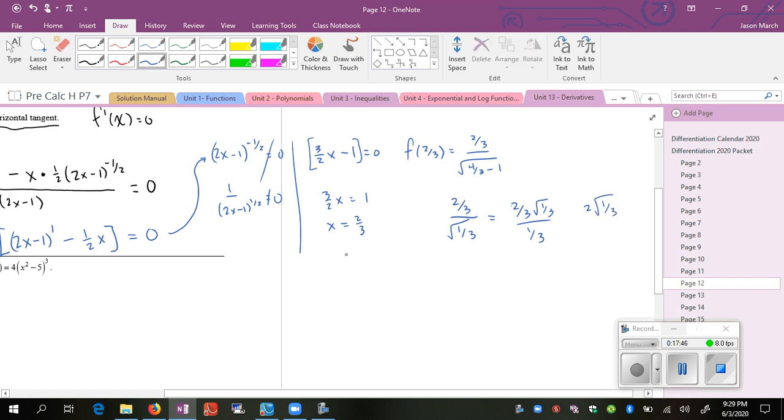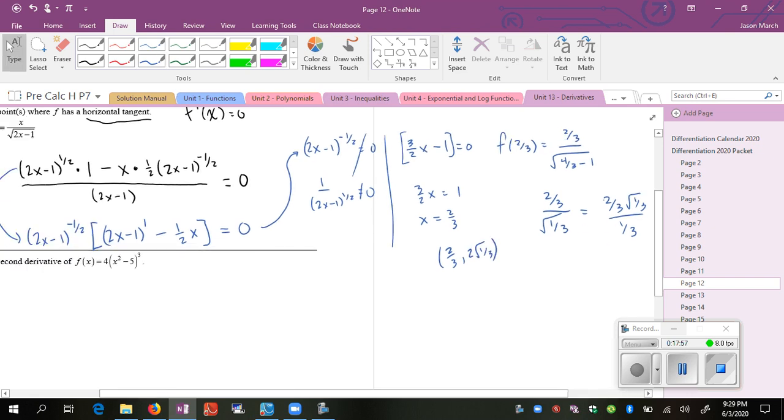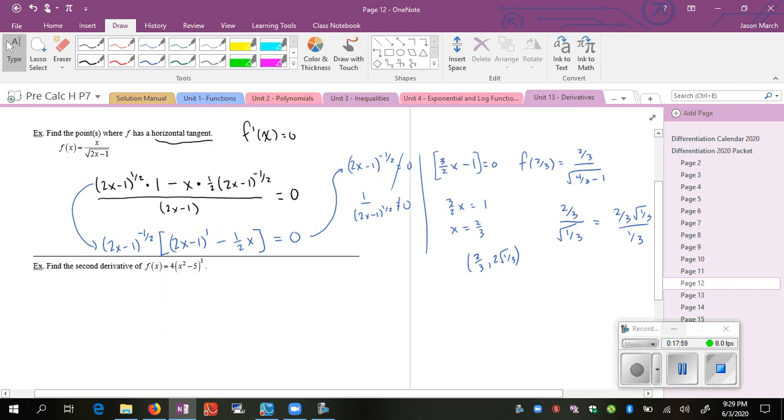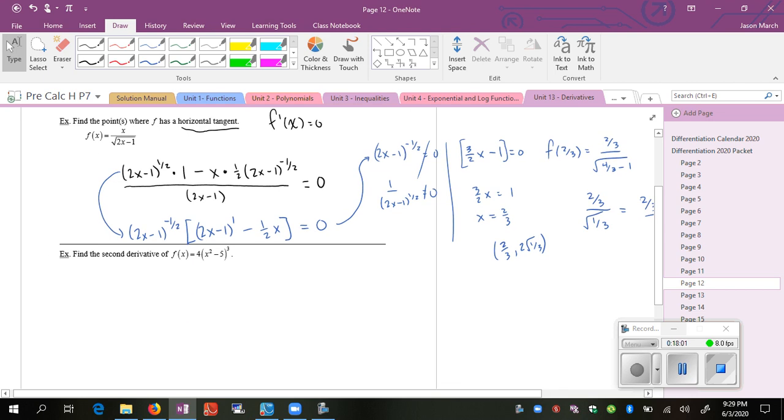So x equals 2/3, y equals that. So as a coordinate, 2/3, comma, 2 radical 1/3. Really what we're going to emphasize more so in these applications is just the x value.